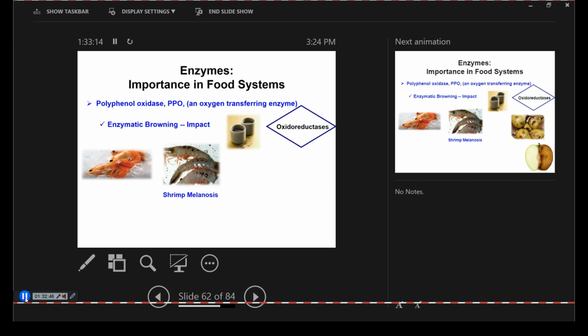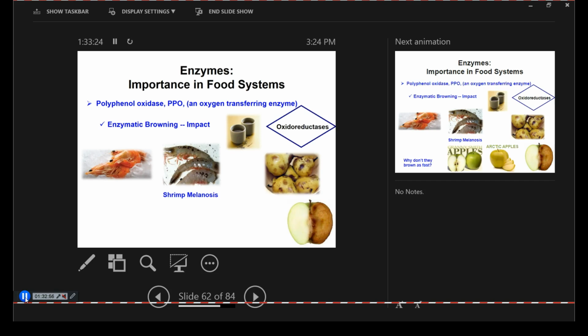You don't want to eat that shrimp when you see it. Maybe it's not necessarily bad for you in terms of health, but you don't want to eat it. And then, of course, in crops, if the fruit is bruised, that means the cells are broken, the enzyme is in proximity with the substrate, and browning happens.